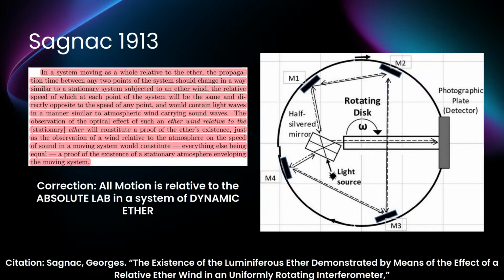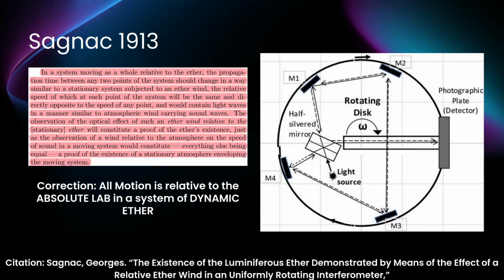If V over C is small, then we predict exactly the same as the classical formulation, and the Sagnac formulation in its simplest form is exactly in agreement with the classical formulation. You don't need to introduce relativity to predict that there will be a fringe effect. So the fact that you get a fringe effect is not in disagreement with relativity.